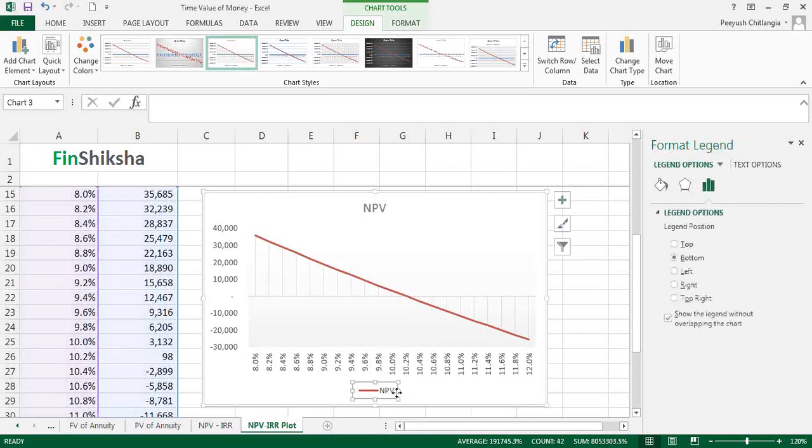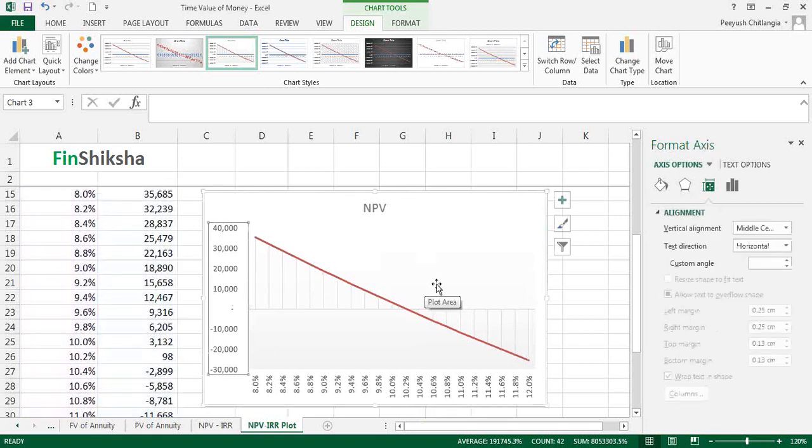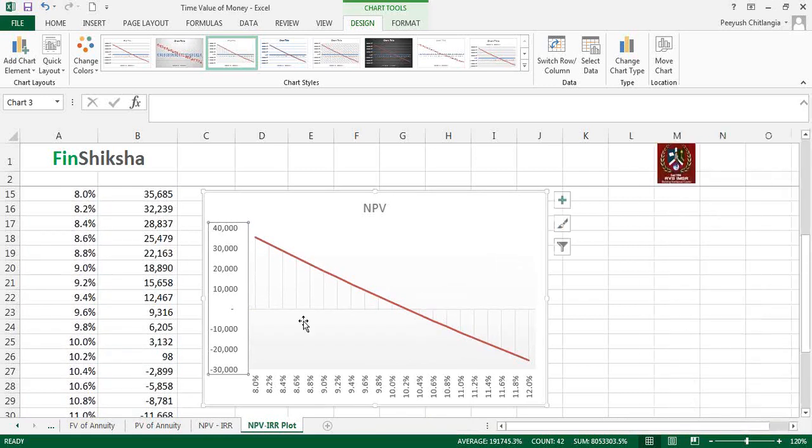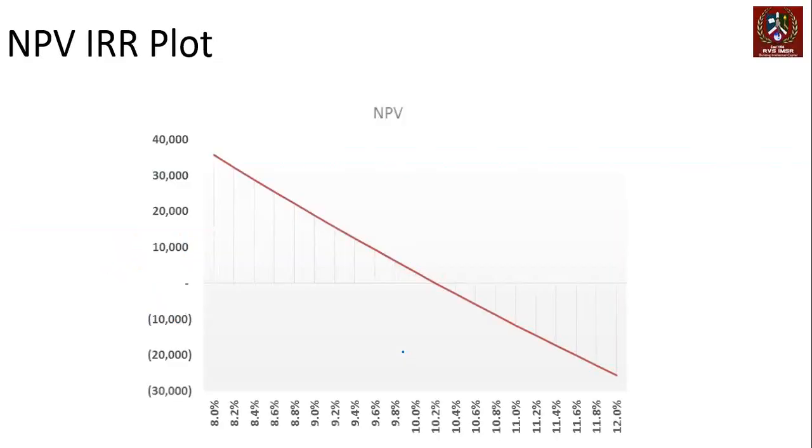I can, if I want, remove the legend here, and that's what the chart shows us, right? Now, this is nothing but a sensitivity analysis of the NPV of the project versus the IRR that is available, or versus the discount rate that is available, right? So if you do this, that's the plot that we eventually end up getting.